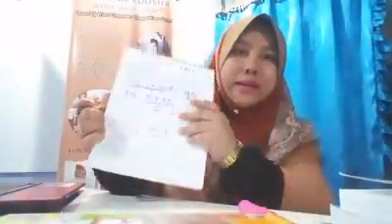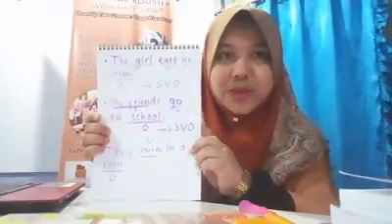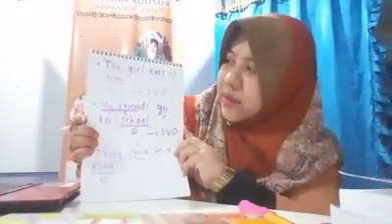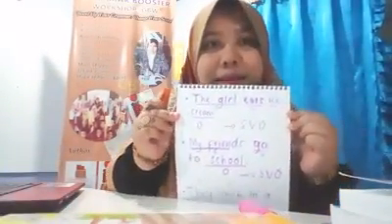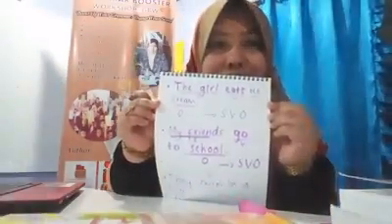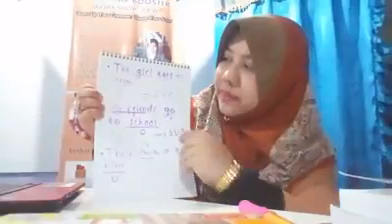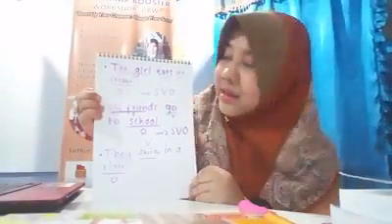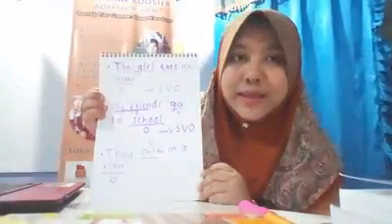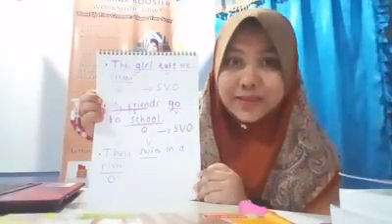This is another example for you. Hope you can see this very well. The girl eats ice cream. The same thing: the girl is the subject, eats is the verb, and ice cream is the object.